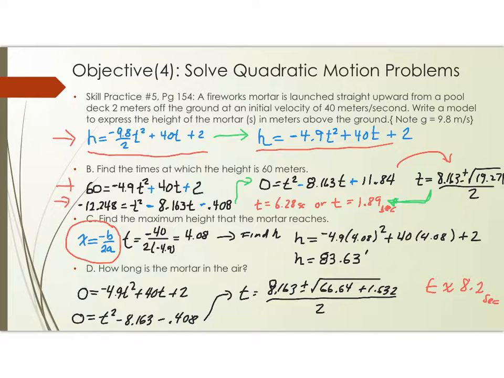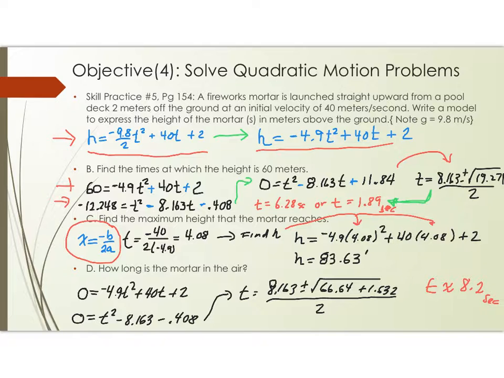So in this case, we're going to let t equal a negative 40 over 2 times a negative 4.9. That gives us the maximum height is attained at 4.08 seconds.